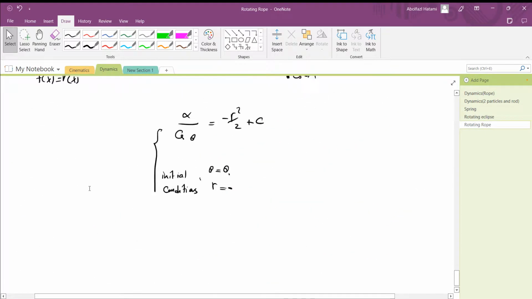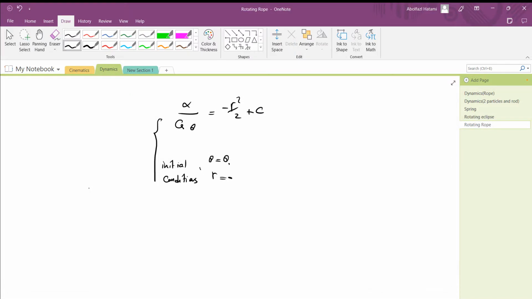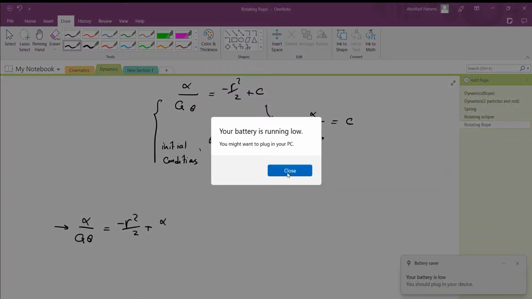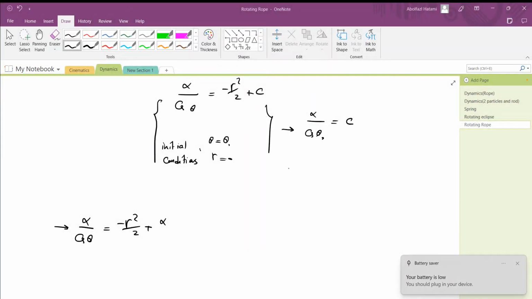So if I put this initial condition in this, I can obtain that alpha divided by cosine theta 0 is equal to c. So I can obtain from these equations that alpha over cosine of theta is equal to minus r squared over 2 plus alpha divided by cosine theta 0.